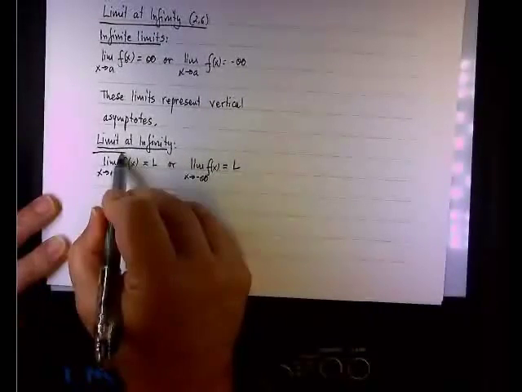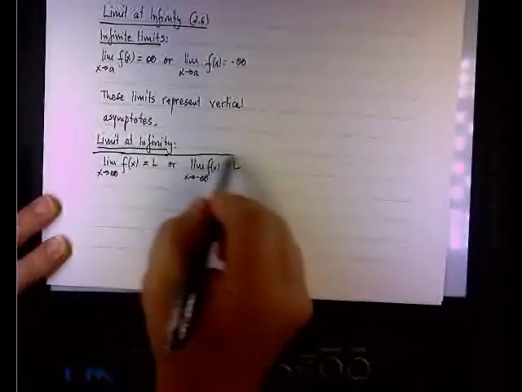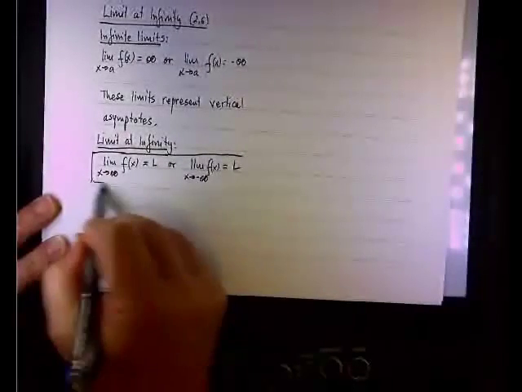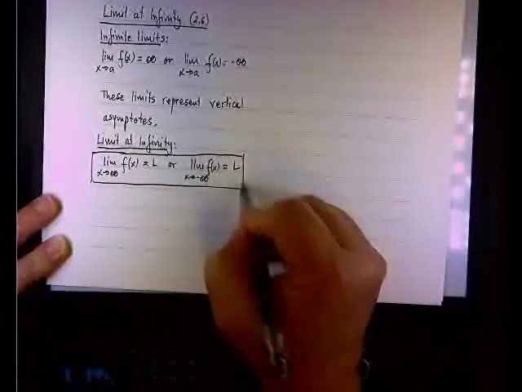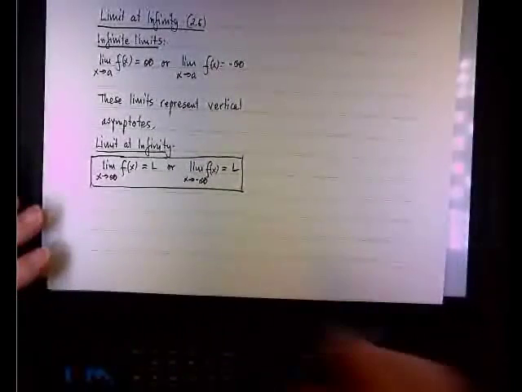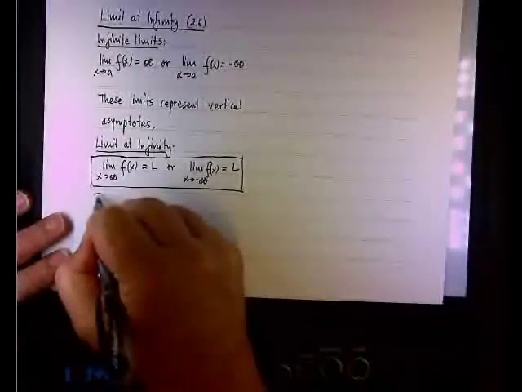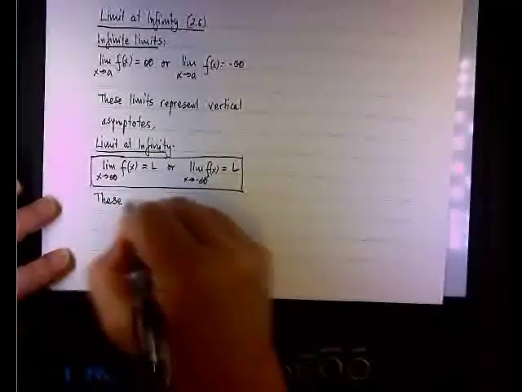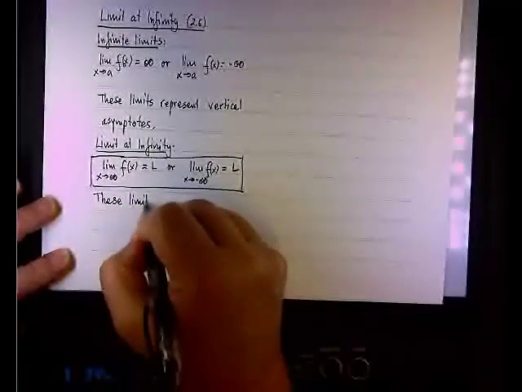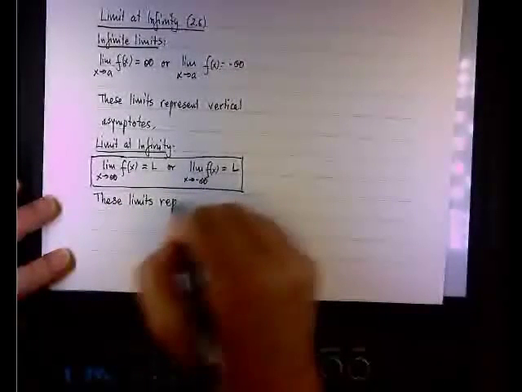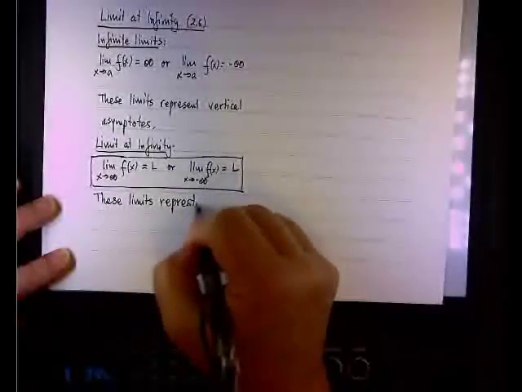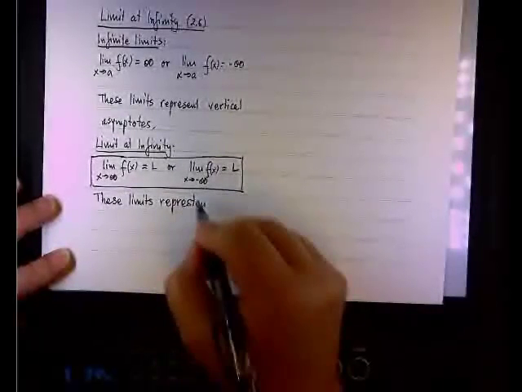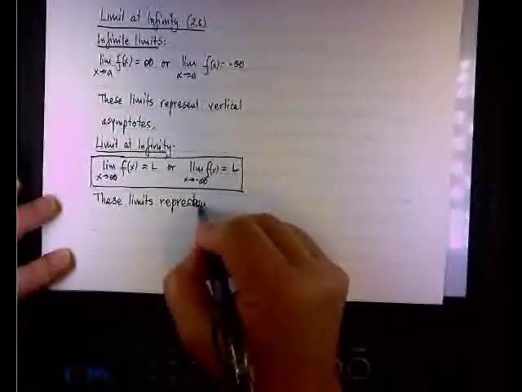And so those are what we define as limits at infinity, as x goes to plus or minus infinity. So that's the meaning of at infinity. And this limit represents a horizontal asymptote. I think I have a spelling issue here.